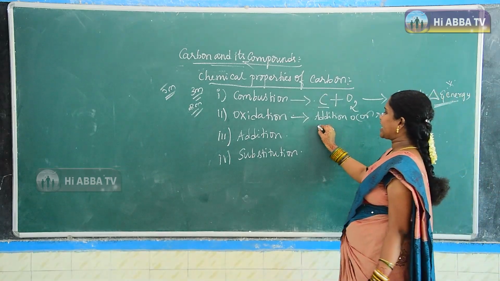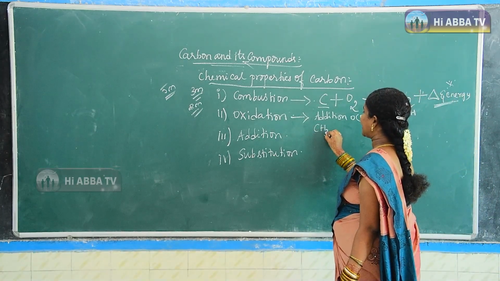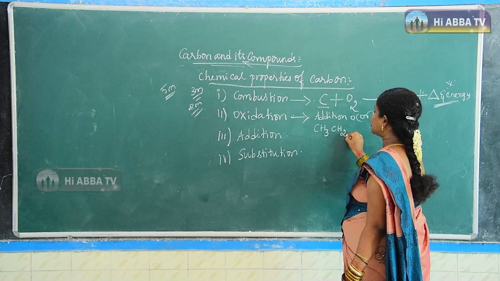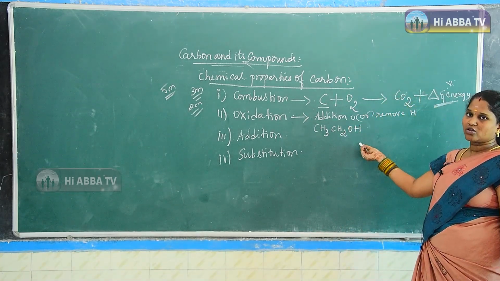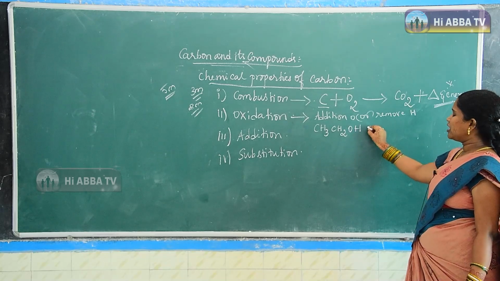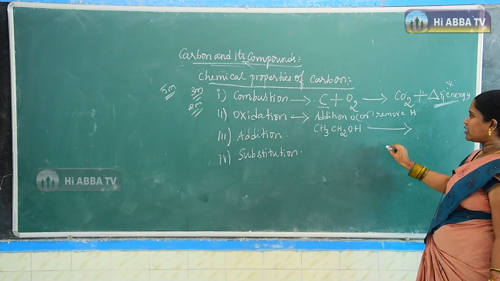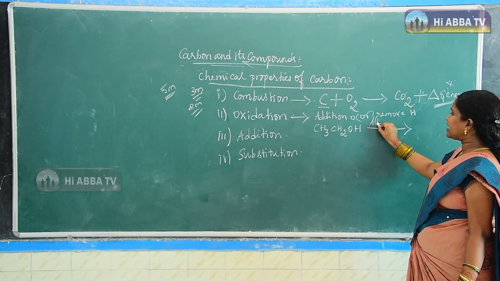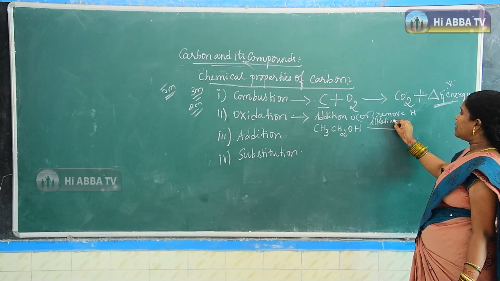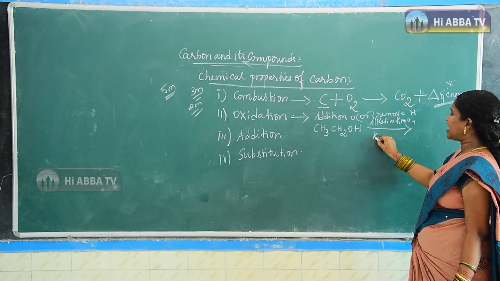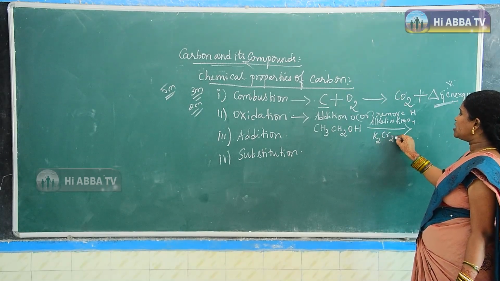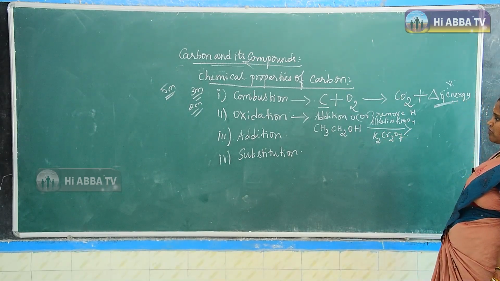For that we will take an example: CH3CH2OH, which is termed as ethyl alcohol or ethanol, reacted with alkaline potassium permanganate or potassium dichromate, K2Cr2O7.